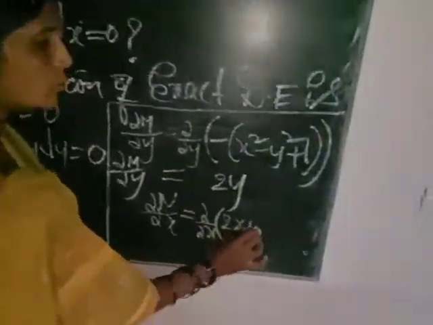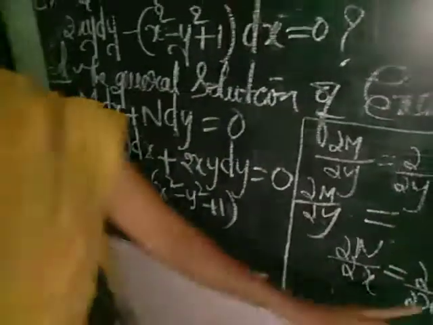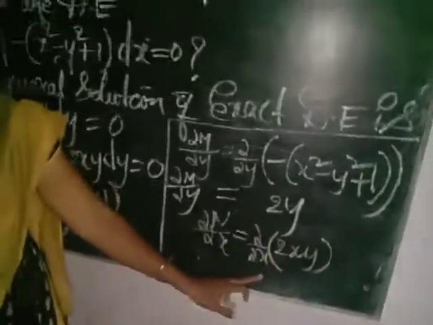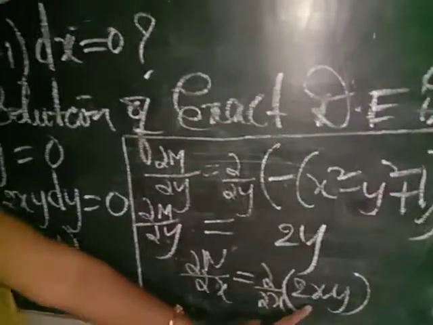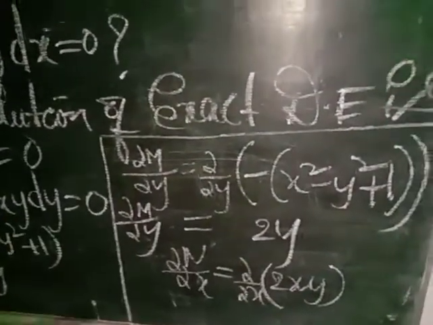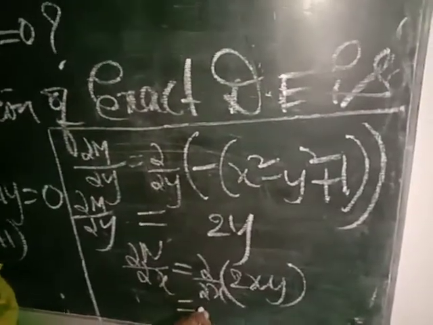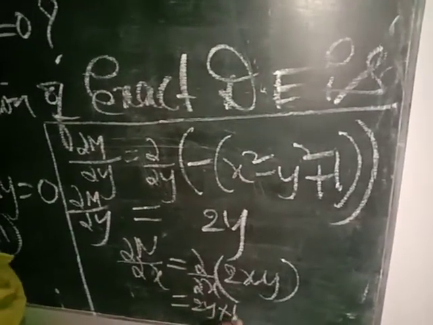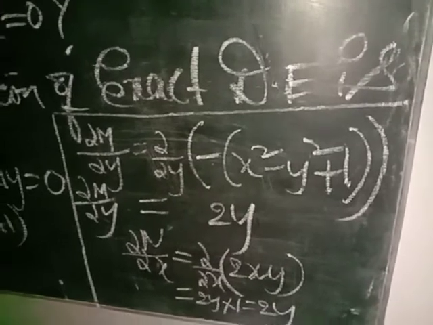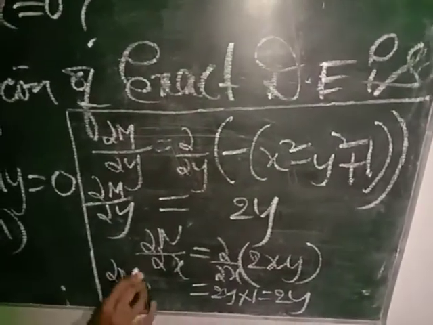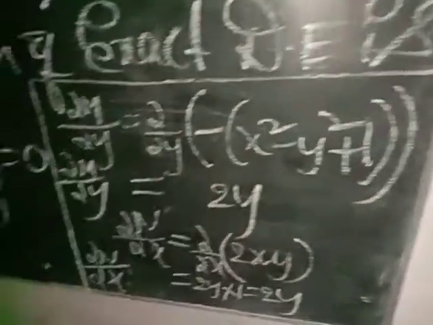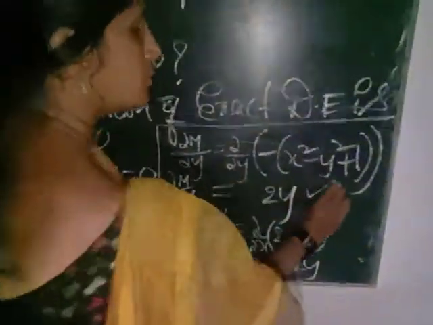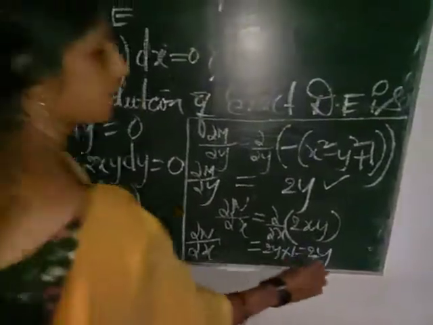Partially differentiating with respect to x, x gives 1 and 2y is constant. So 2y into 1 is 2y. Therefore dou N by dou x is also 2y. Dou M by dou y equals 2y and dou N by dou x equals 2y.